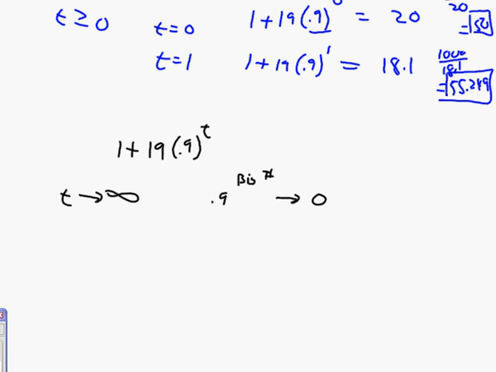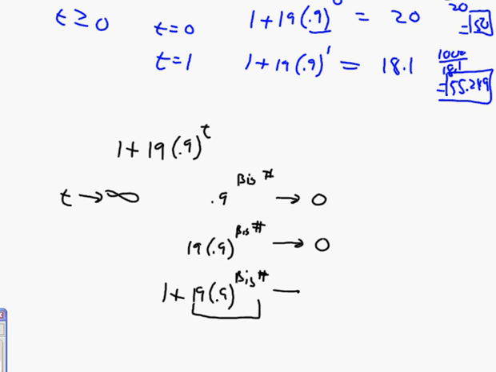If you don't know that, try typing it in your calculator. Do 0.9 to bigger and bigger powers. Like we said, if 0.9 to a big number goes to 0, then 19 times that is also going to head to 0. And then lastly, if I do 1 plus 19 times 0.9 to a big number, well, we already determined that this part's going to 0, so this sum is becoming 1.